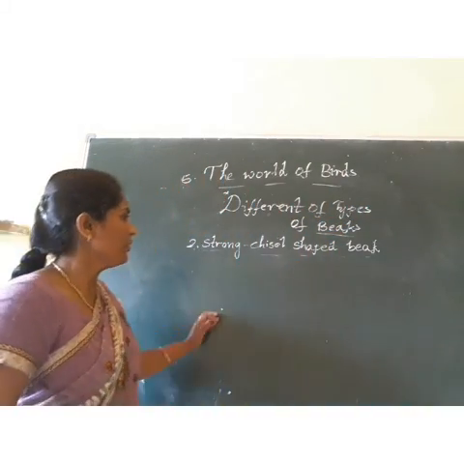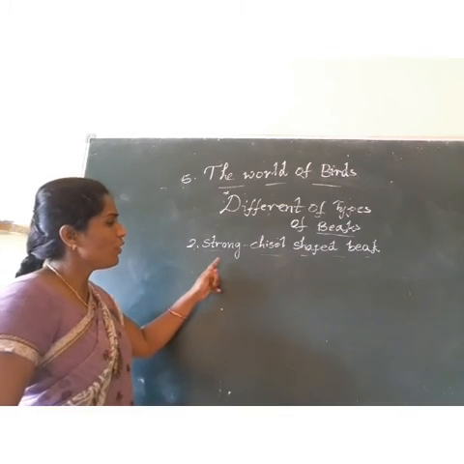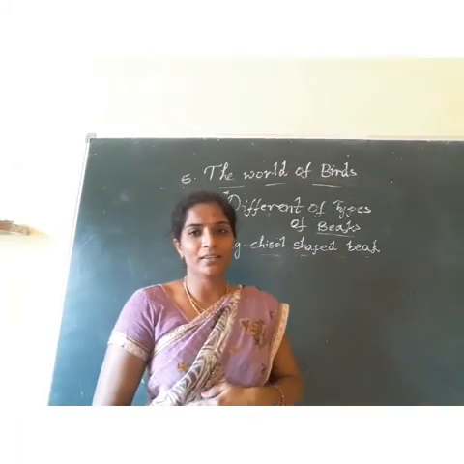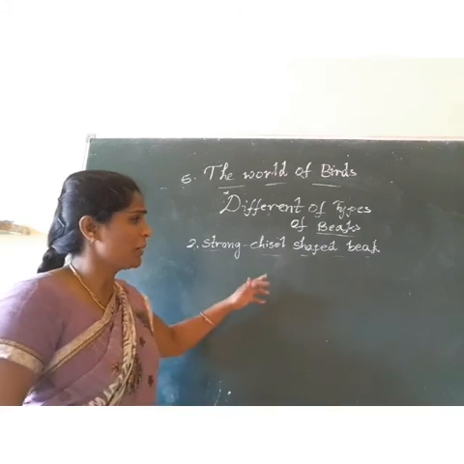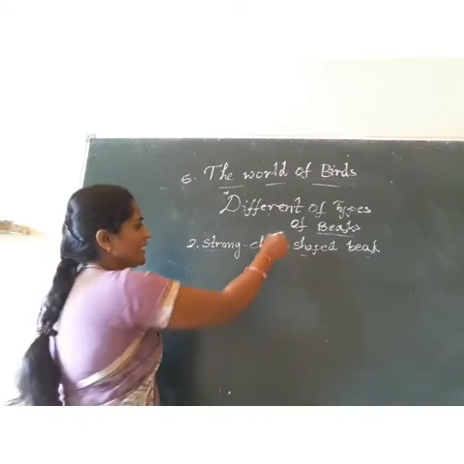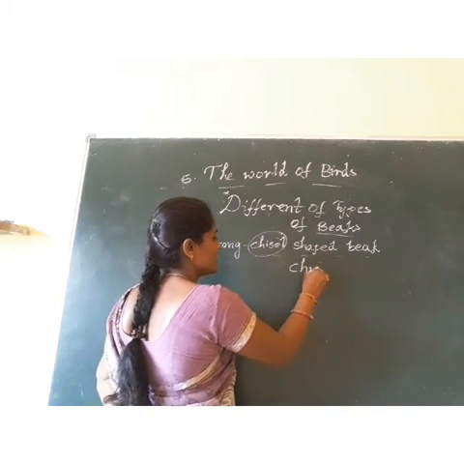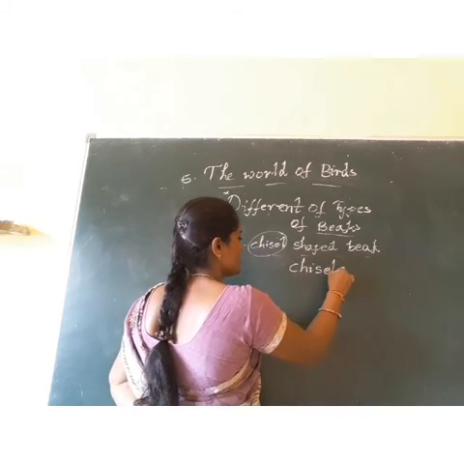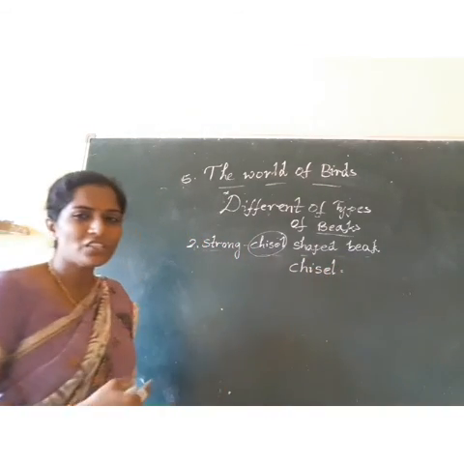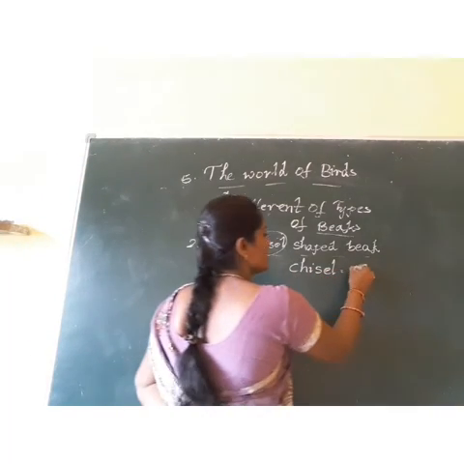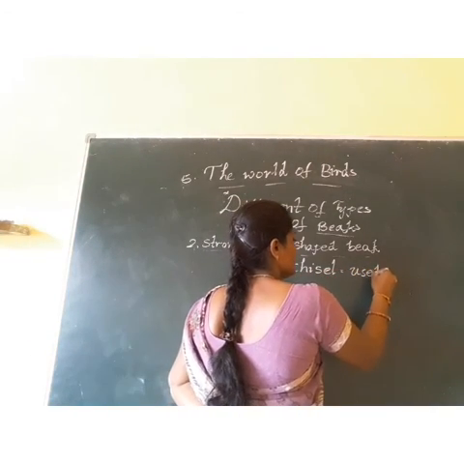So this is about the second one, strong chisel shaped beak. Here chisel is a new word. What is the spelling of chisel? C-H-I-S-E-L, chisel. What is the meaning of chisel?